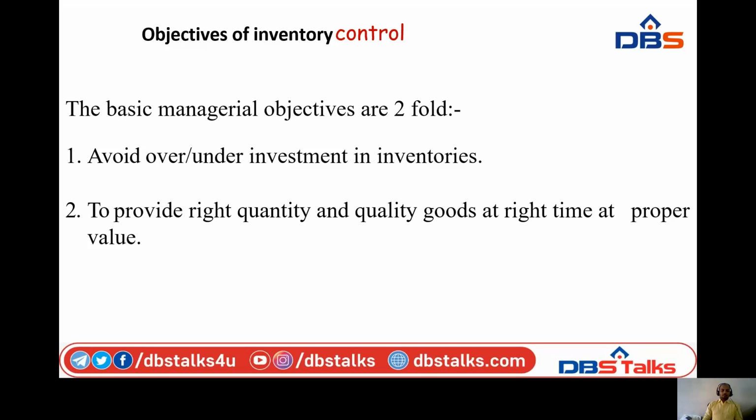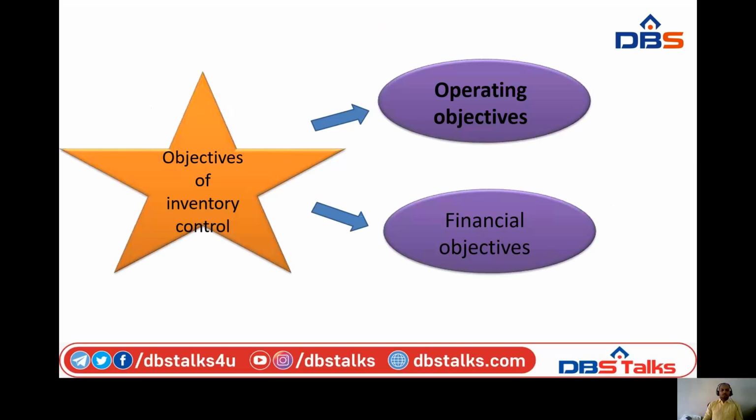To achieve that, we have to maintain the inventory and inventory control. Then objectives of inventory control. One is operating objective, second one is financial objective. Operating means during the process of production.